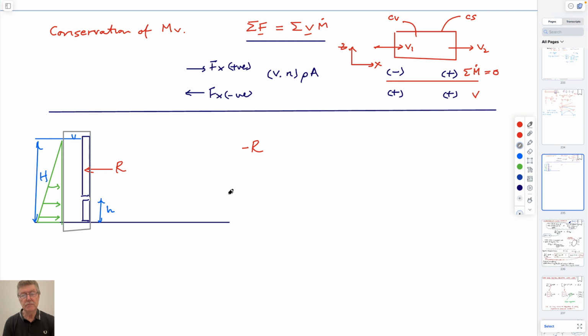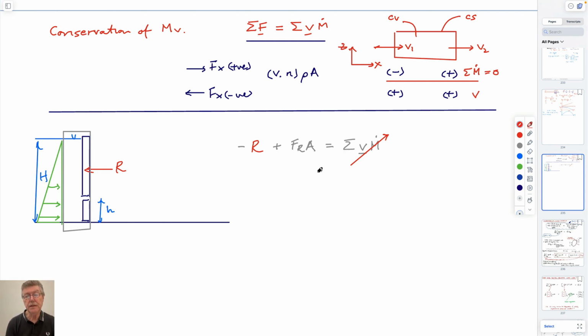And so I guess I won't complicate matters by putting a negative sign on it. So we can just look at R is going to be equal to, well, actually let's do it maybe in those coordinate systems. R minus R plus F R A equals nothing's flowing through the system, nothing's flowing in or out, no water's coming into the control volume, no water's going out, so the right hand side is equal to 0.